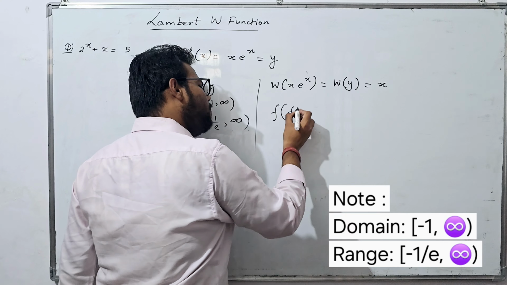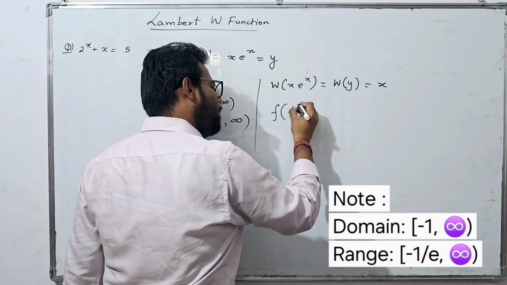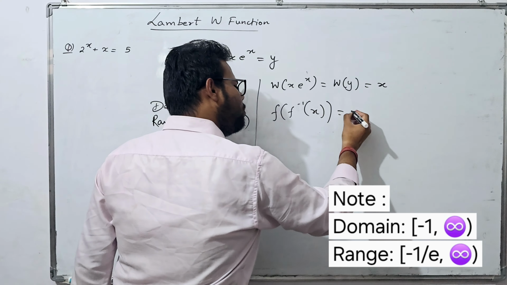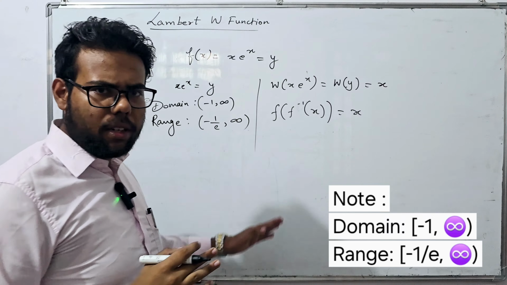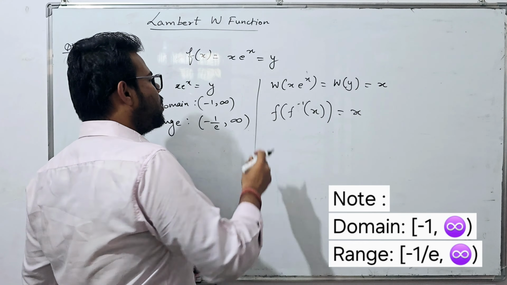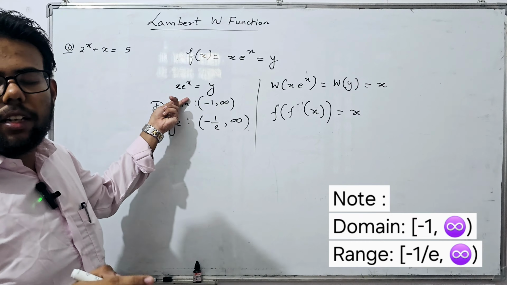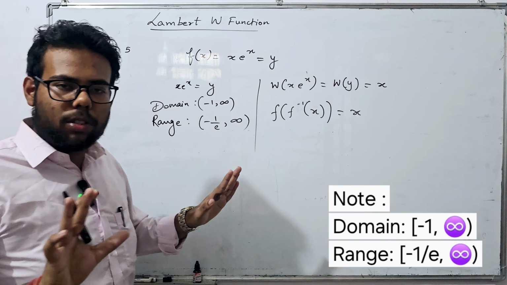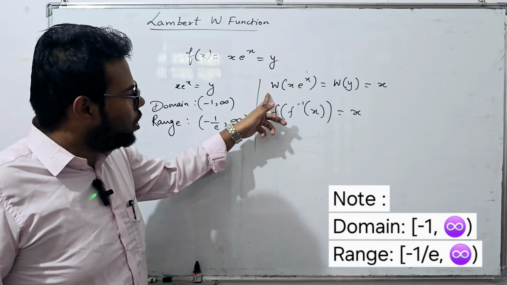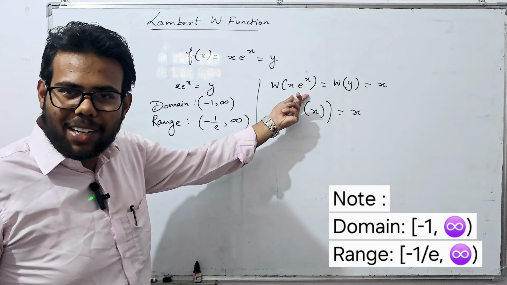You know f inverse of f of x is equal to x. So the Lambert W function is the inverse of this function, x into e raised to the power x. This is your original function, and the Lambert W function is the inverse of this function.